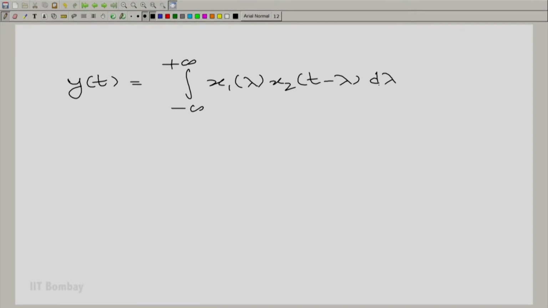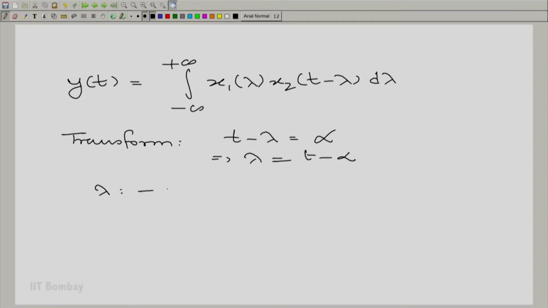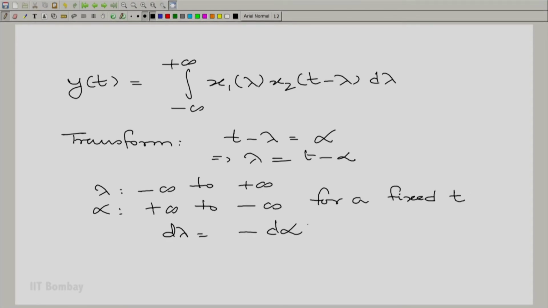And we will take a cue from the discrete case and we will make a similar transformation of variable. Put t minus lambda equal to alpha, whereupon lambda is t minus alpha, and when lambda runs from minus infinity to plus infinity, alpha runs, now note, from plus infinity to minus infinity for a fixed t, and d lambda is minus d alpha.